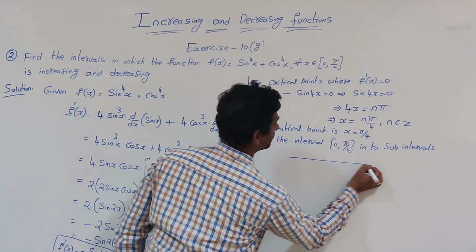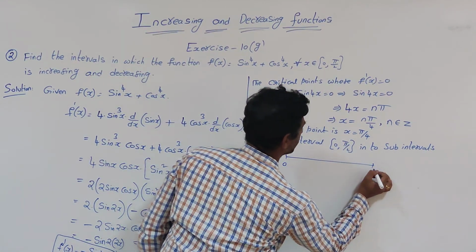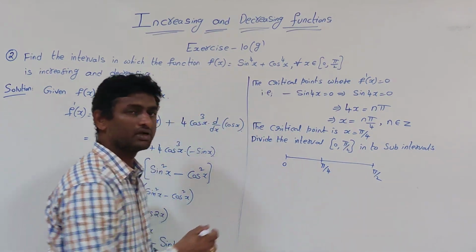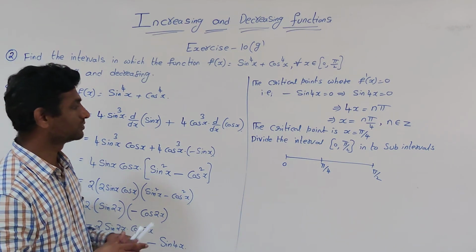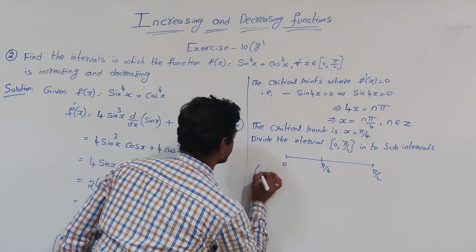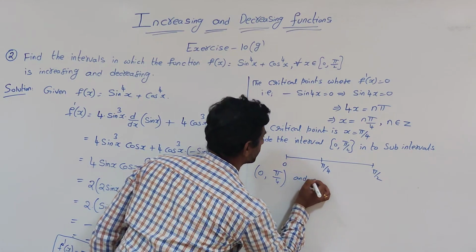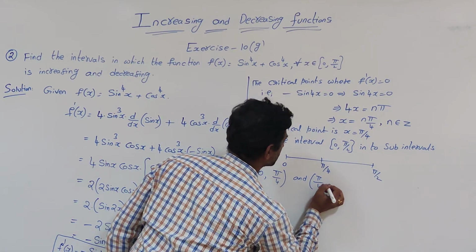Because what is our domain? 0 to pi by 2. And what is the critical point? Pi by 4, which is a number inside 0 to pi by 2. So sub intervals 0 to pi by 4 and pi by 4 comma pi by 2.